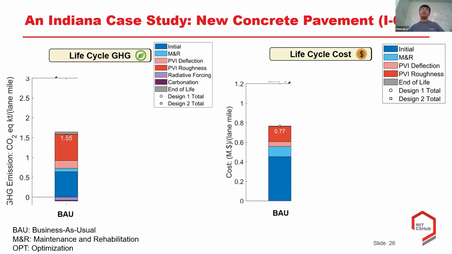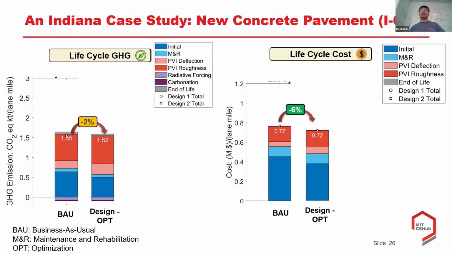But what can they do better in the future? Or before they design the pavement, before they build the pavement, can they already have a better solution to reduce the life cycle GHG or life cycle cost or simultaneously? That's why we give them different options.